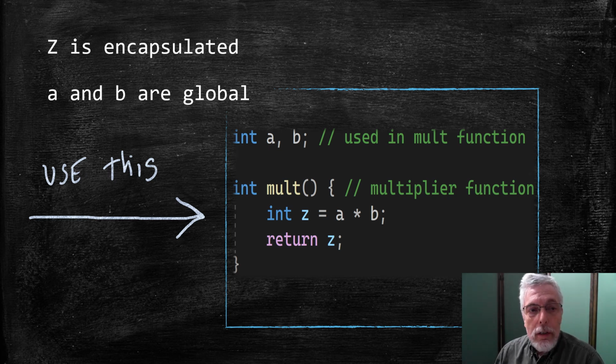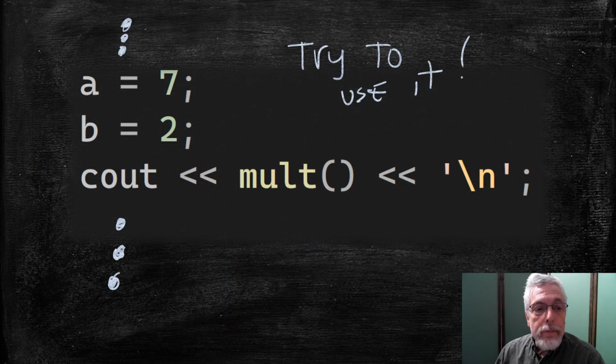That is, the caller cannot see z. And a and b are global. And we're going to use the mult function. You see some ellipses there. It's basically saying somewhere in my code, and I might be using this time and time again, I set a equal to 7, b equal to 2, and I say mult.